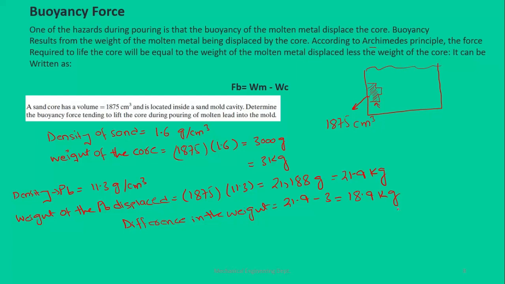So the force exerted by this, as we know that 1 kg equals 9.81 newtons, the buoyancy force exerted by this weight of the lead would be 9.81 into 18.9, and that makes up 178.4 newtons.